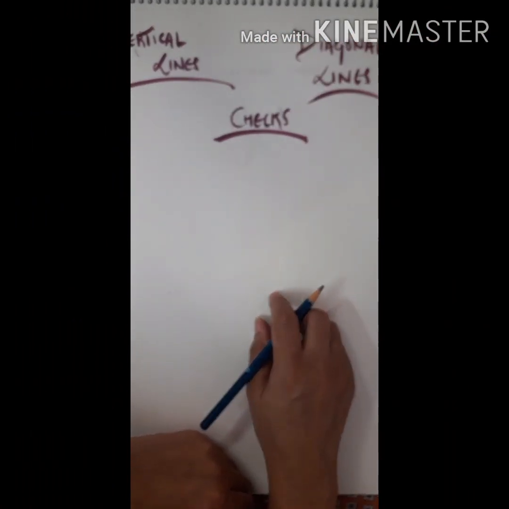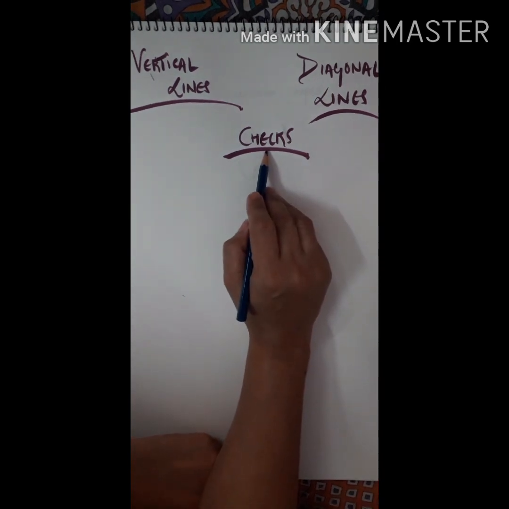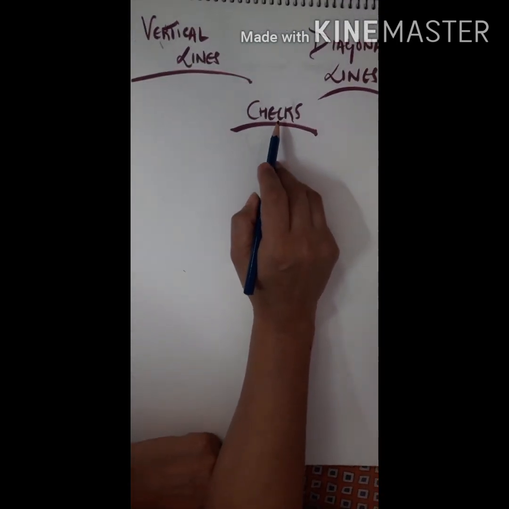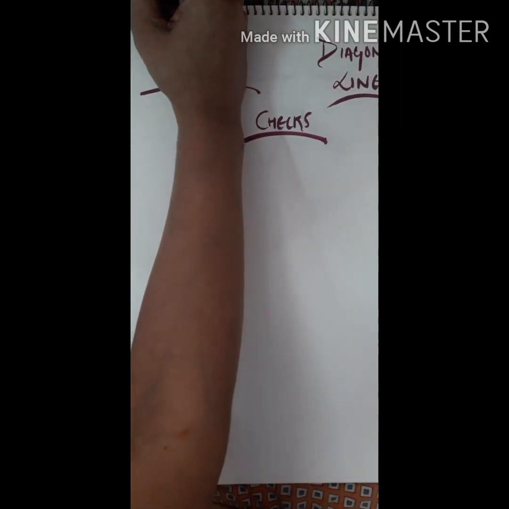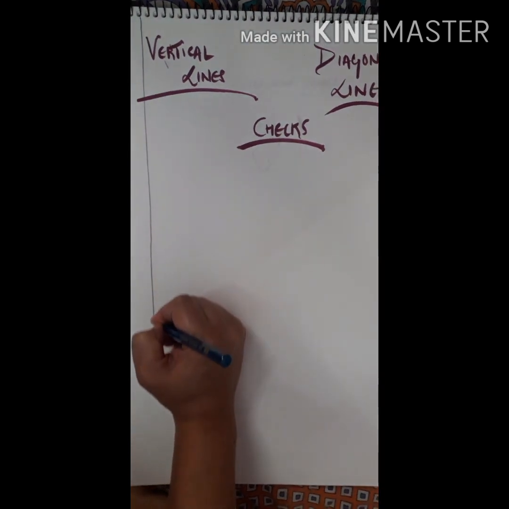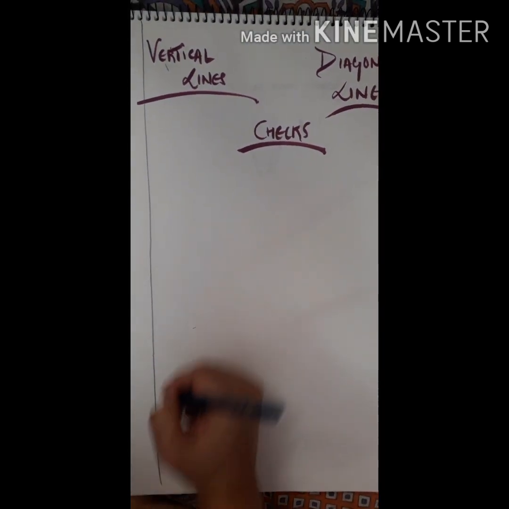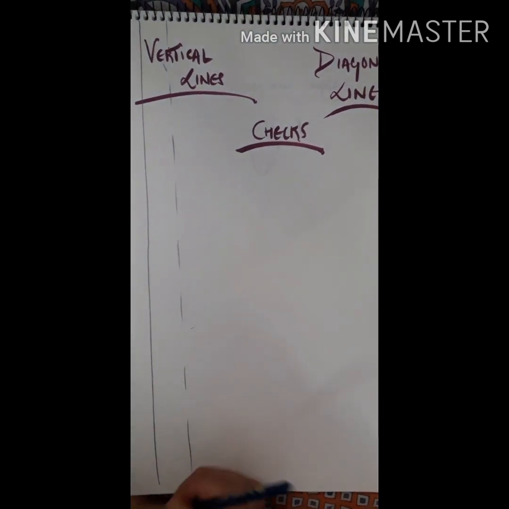Okay, so now we are left with vertical lines, diagonal lines and checks. I have already mentioned that we don't use a scale. So you have to practice a lot with your steady arm. You have to go straight. And I also tricked you with broken lines so you can break and prepare a straight line.